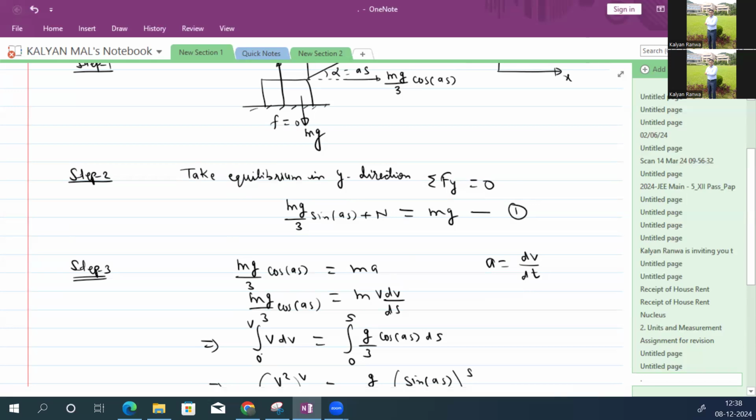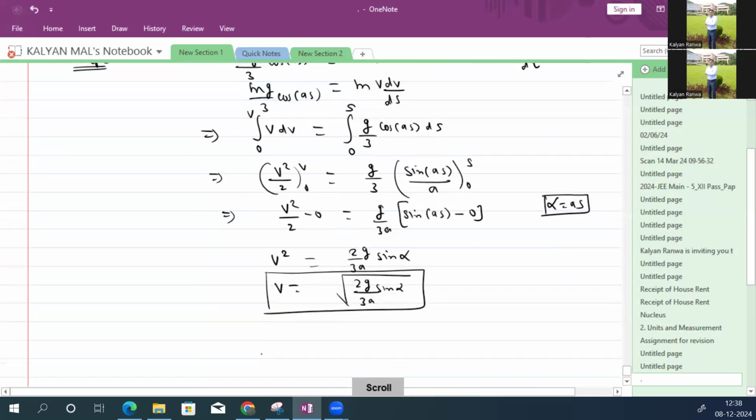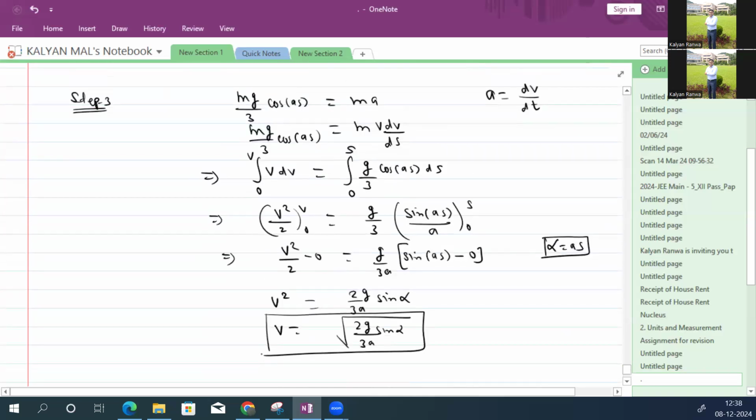When the bar leaves the horizontal surface, then the normal force becomes 0. In that case, the equation will be valuable. But in this solution, step 2 is not used anywhere. So this is the velocity, v equal to the root over 2g by 3a sin alpha.